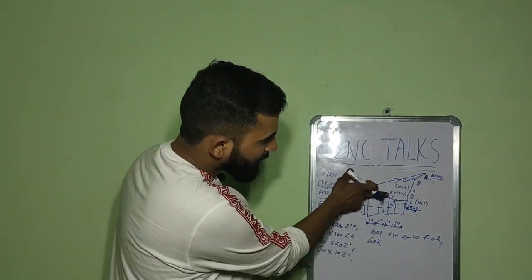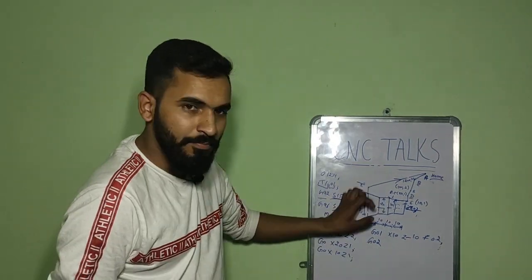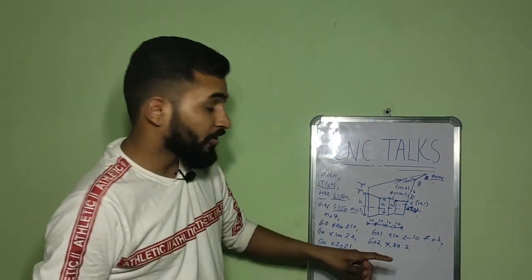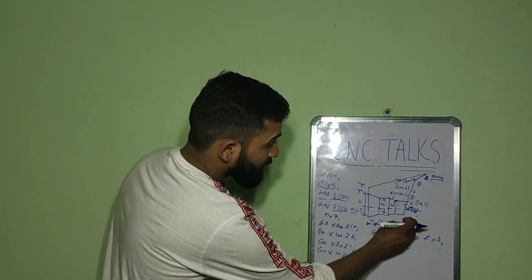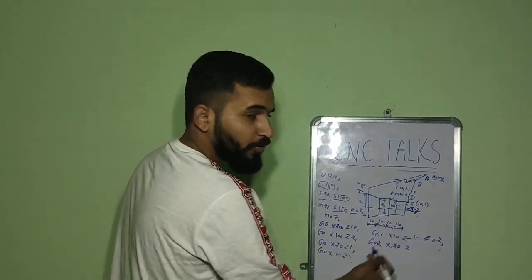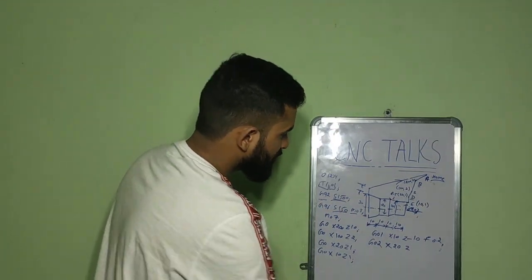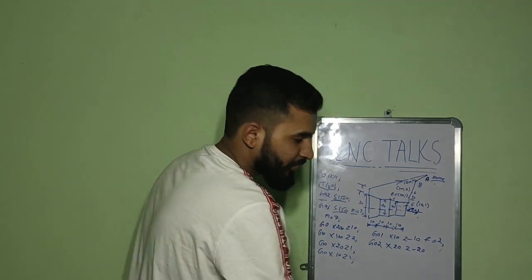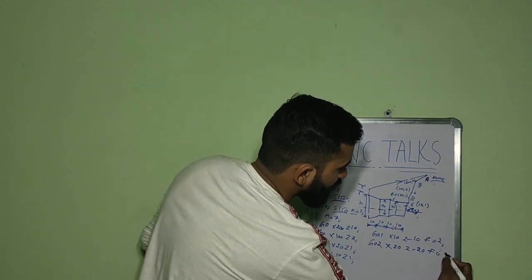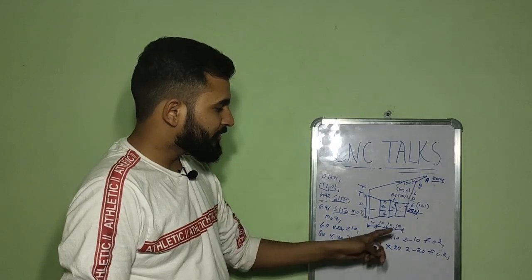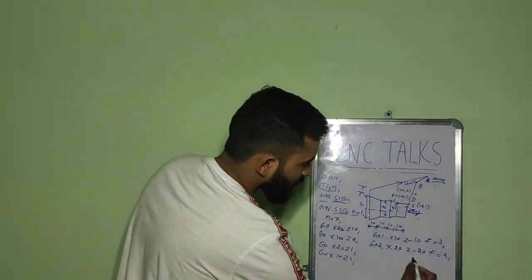As you can see, this point is 20 mm, so X20, and along z axis this point is 20 mm away from our point O, so Z minus 20, with the given feed rate which is 0.2. Also we need to give the radius value in this case.